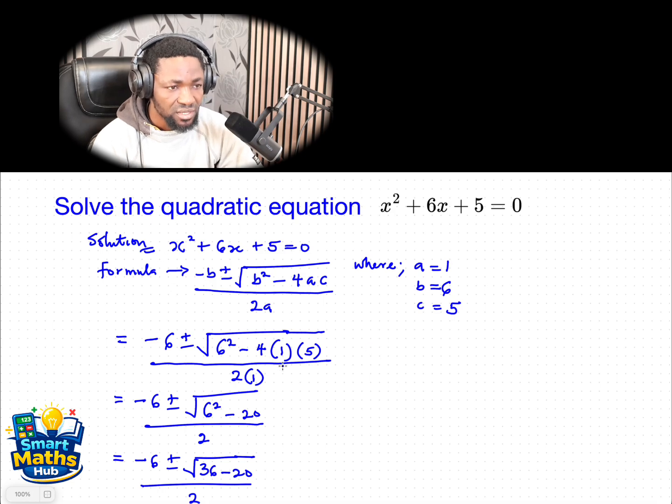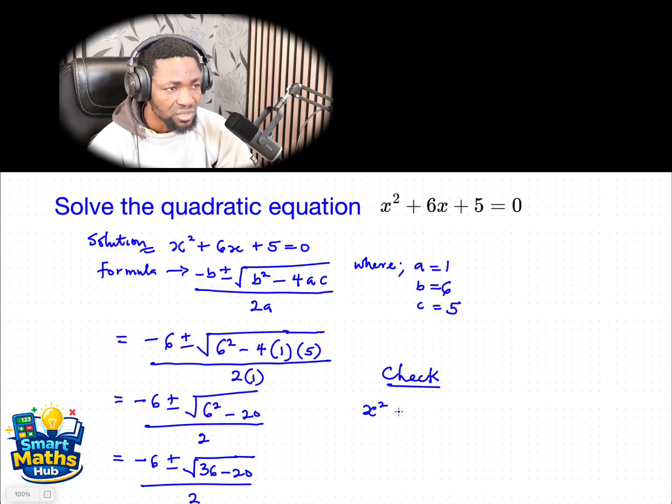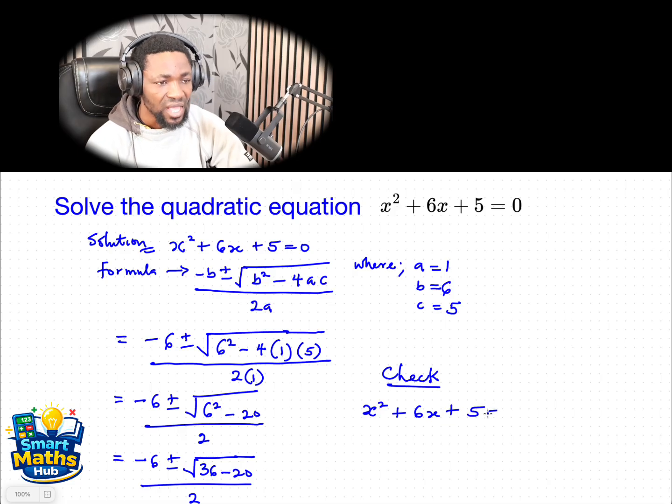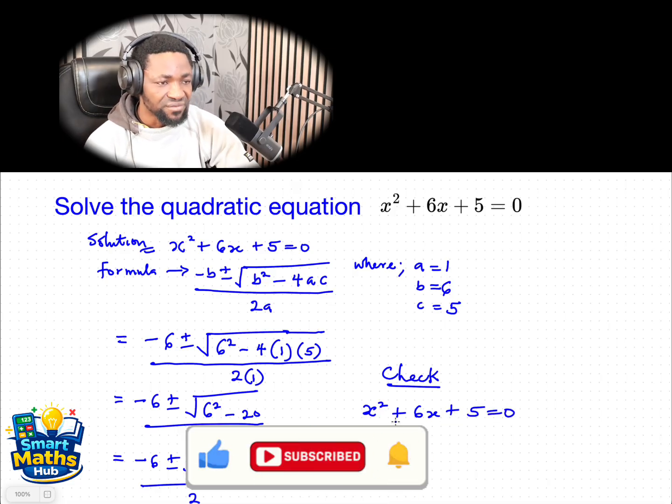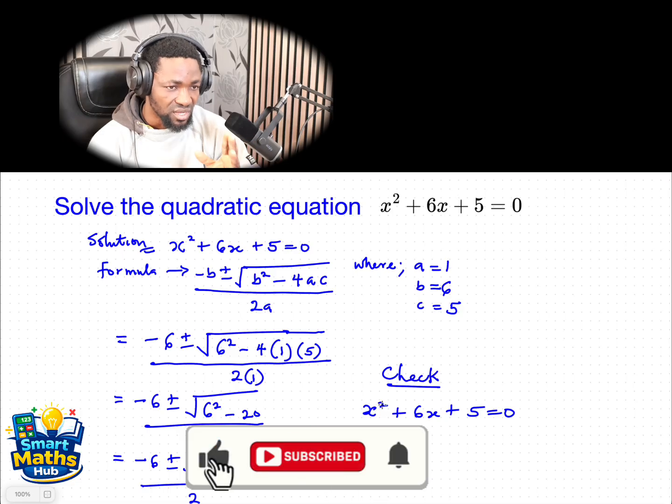To check, write the question back: x raised to power 2 plus 6x plus 5, everything equal to 0, you see? Everything must equal 0.